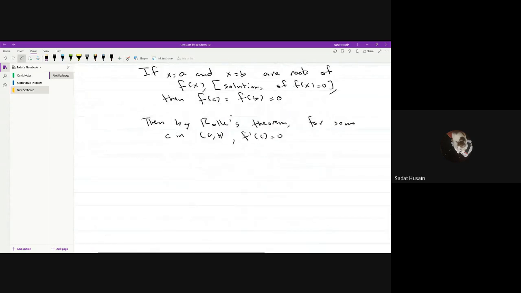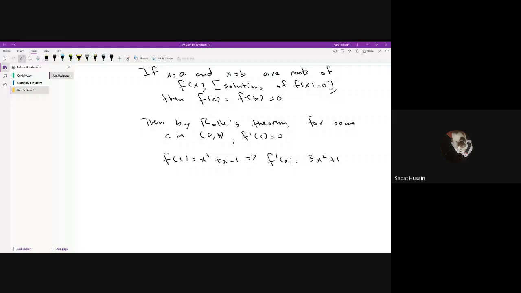For f of x equals x cubed plus x minus 1, f prime of x equals 3x squared plus 1, right? Can you tell me why this can never be 0?